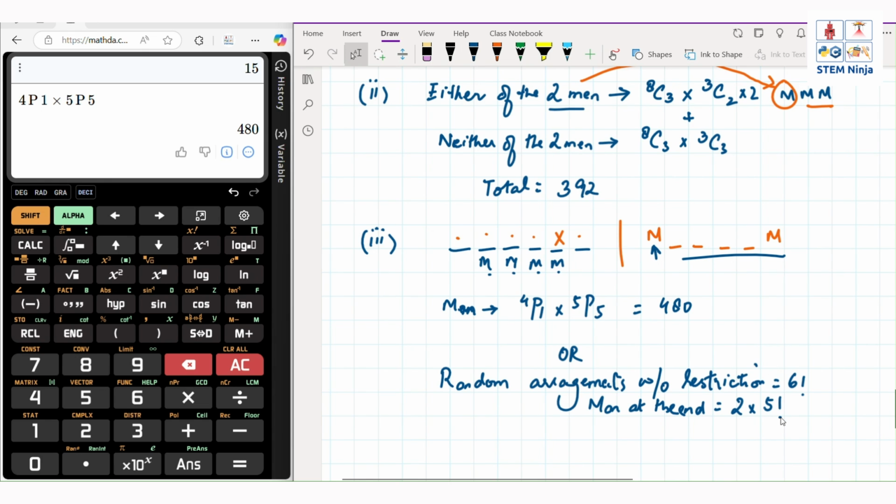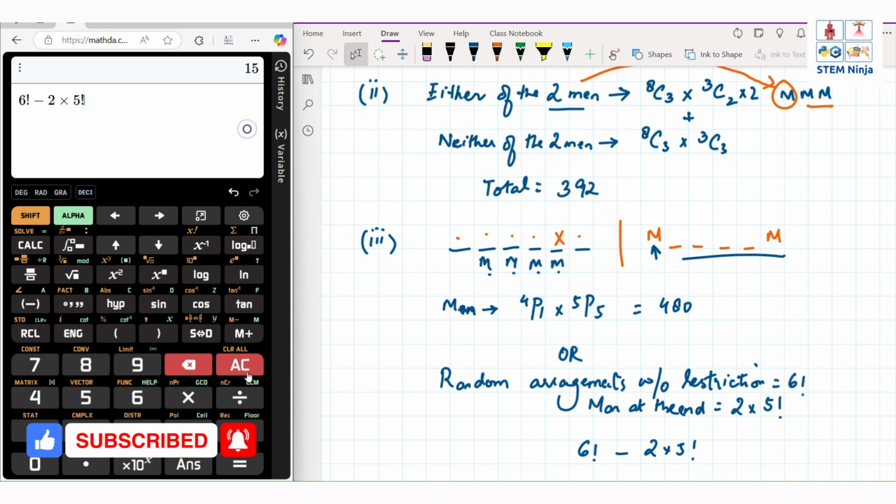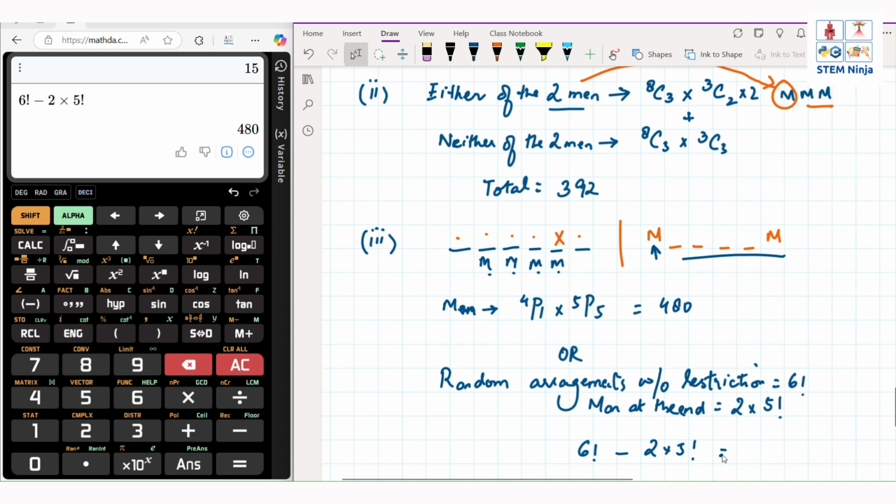So 5 factorial, right? So we could do 6 factorial minus 2 times by 5 factorial also. So 6 factorial minus 2 times by 5 factorial, also same thing, 480.